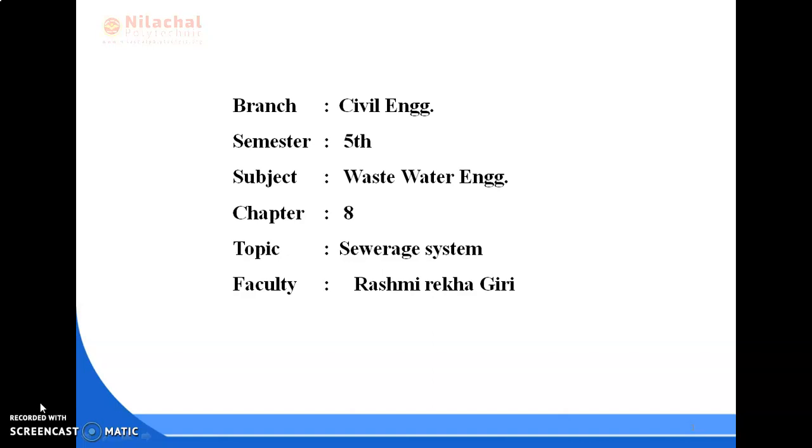Sewerage ends at the entry to a sewage treatment plant or at the point of discharge into the environment. So, it is the system of pipes, chambers, manholes, etc. that conveys the sewage or storm water.